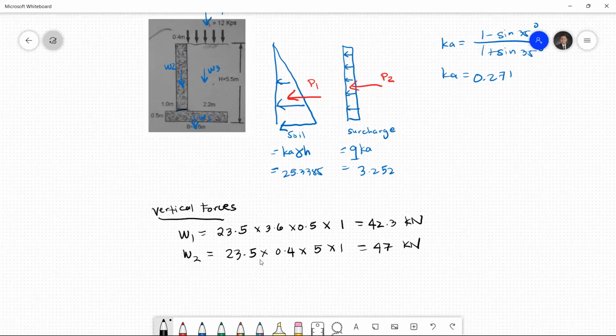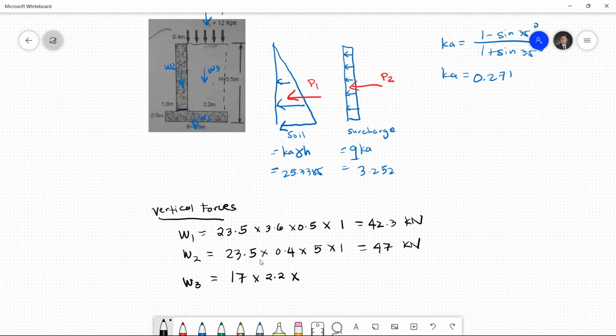Okay, next, solving for W3 due to soil. So for W3, you have here 17 kilonewton per cubic meter, the unit weight of the soil. Okay, multiplied by this area. So ano ba yung area na babagsak na to? Yung volume na to. So that is 2.2 meters multiplied by 1.